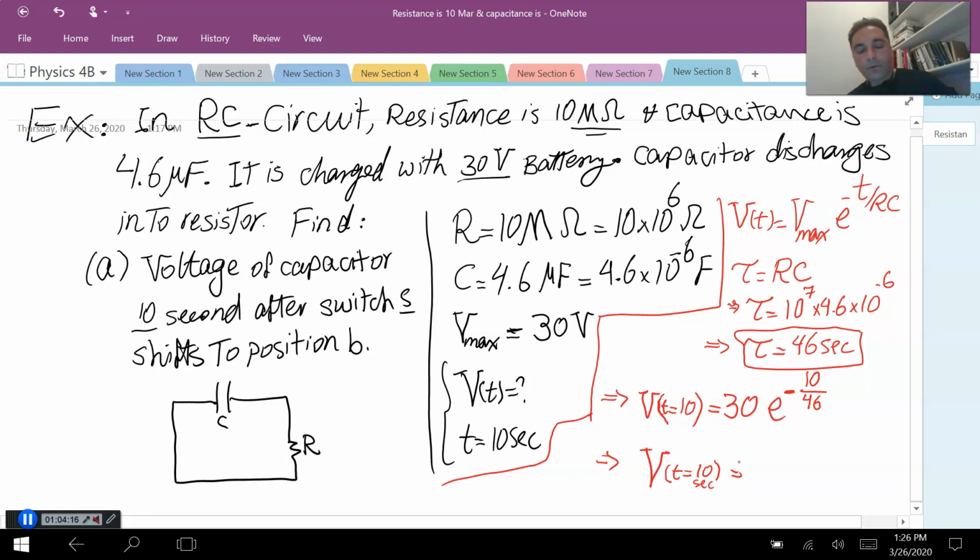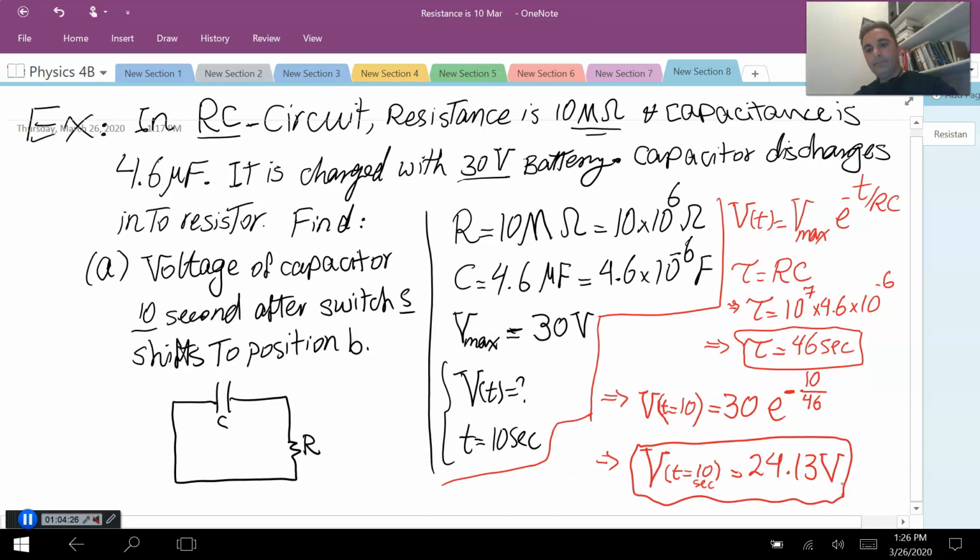I got 24.13. Did you get the same answer? So this is the voltage of the capacitor 10 seconds later. So this is part 1.